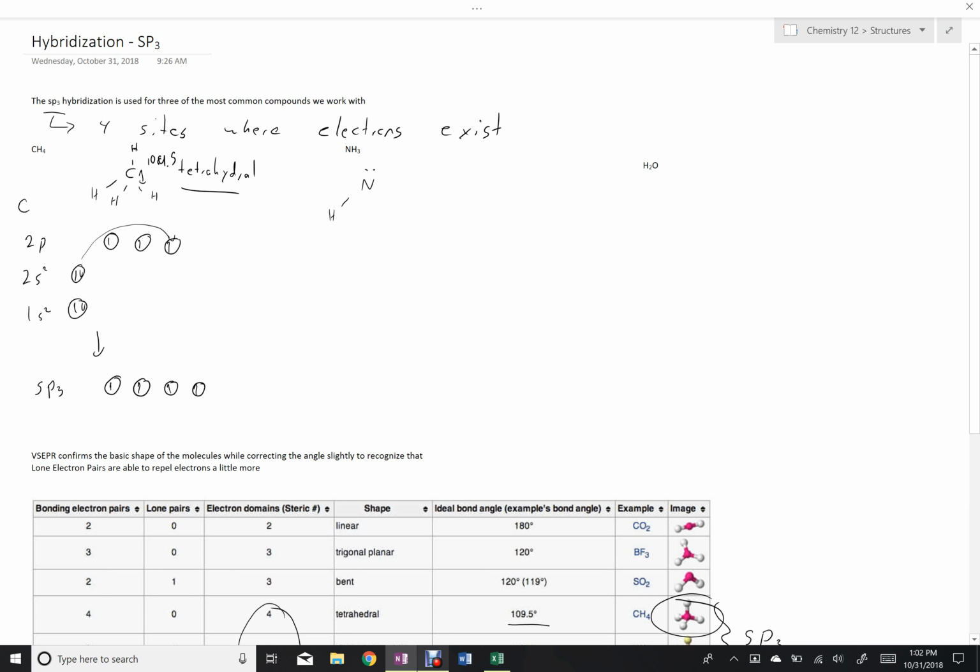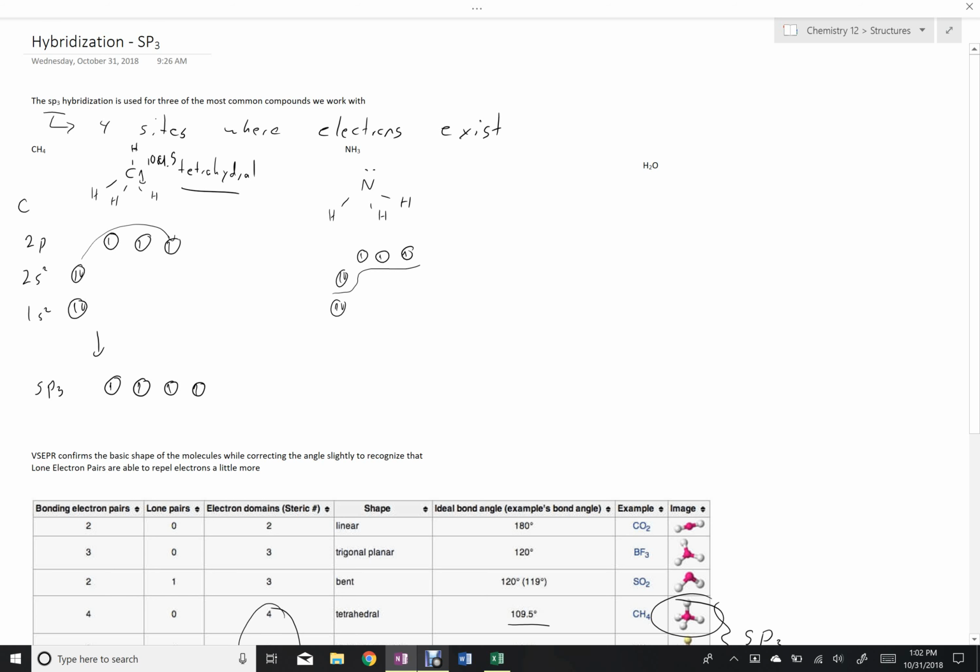So here's our NH3. We know from previous that it has a triangular pyramidal shape. From an energy level diagram standpoint, our nitrogen looked like this. It wanted to form 3 bonds. You might be mistaken and think that it would just use these 3 p's, but it doesn't.